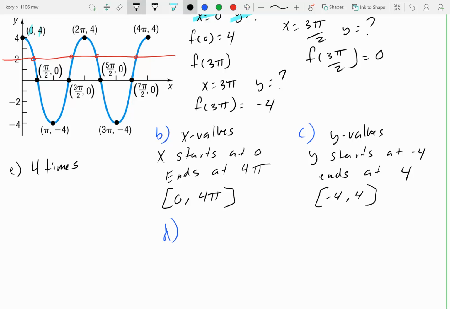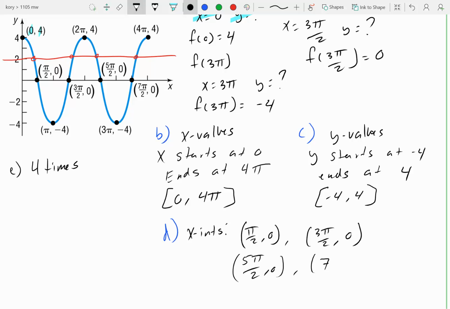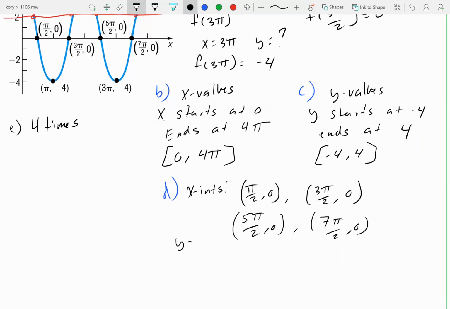So your x-intercepts are pi over 2, 0, 3 pi over 2, 0, 5 pi over 2, 0, and 7 pi over 2, 0. So basically it's where it touches the x-axis. And then your y-intercepts are where it touches the y-axis. There's only one of them, and that's 0, 4.